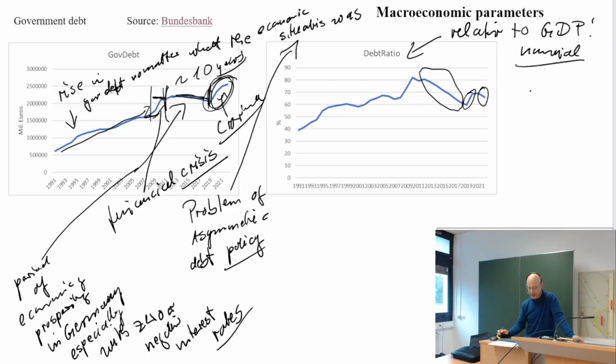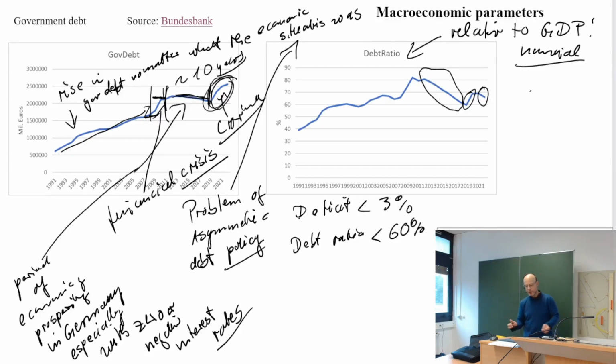Well, the Maastricht criteria for the countries within the European Monetary Union mean that the deficit should be less than 3% and the debt ratio should be less than 60%. Since deficit and debt ratio are both relative numbers, you have to know what you are calculating within the absolute value of government debt.